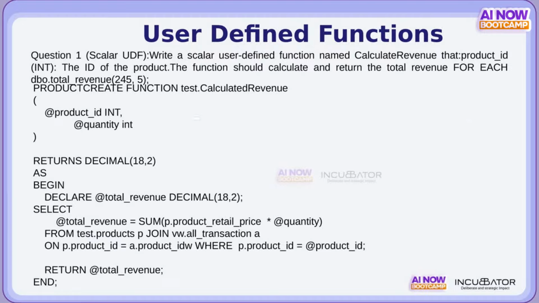So when I say function, what does function mean? For example, revenue. Maybe every day you always want to track your revenue, by product or by customer or by store, and you don't want to be creating that query every day. You want to reduce the number of times you create that query. So you can just create a function that calculates revenue for you. You're building it yourself, customizing your own function.